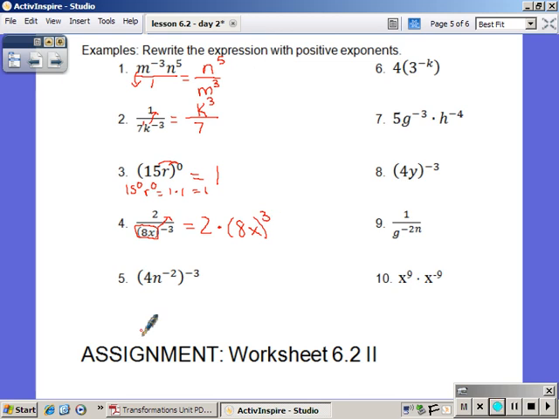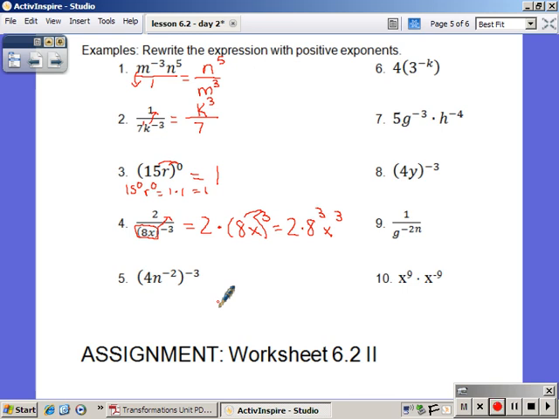Well, we don't leave sets of parentheses being raised to an exponent. That is multiplication, so we are able to distribute that exponent through. So we do have 2 times 8 to the third times x to the third. You could evaluate that further if you wanted to.